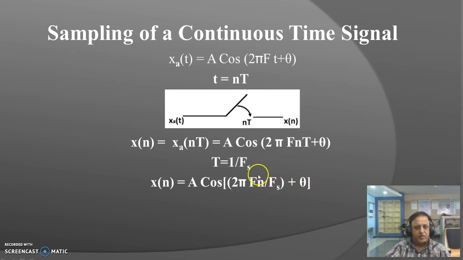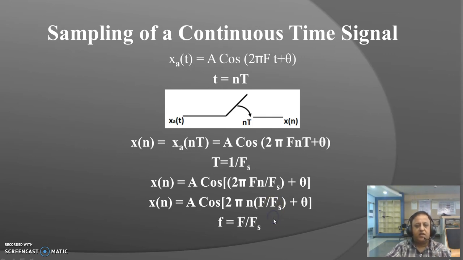Now I combine capital F and Fs together: the analog frequency divided by the sampling frequency gives the frequency of the discrete signal. So f is equal to F upon Fs, giving our expression for x of n as A cos of 2 pi f n plus theta. This is how we go from a continuous time signal to a discrete time signal.